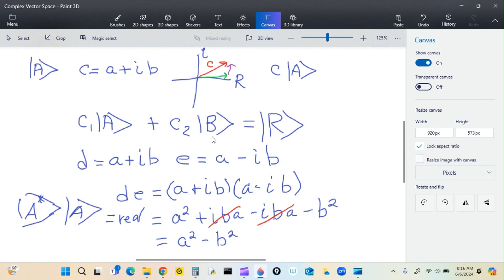Now, another thing I want to introduce is what's called a complex conjugate. This is a way of getting rid of or eliminating the imaginary part. If I have a vector D, which is A plus IB, and a vector E, which is the exact same A and the exact same IB, but this one is subtracted, what happens if we multiply D times E?